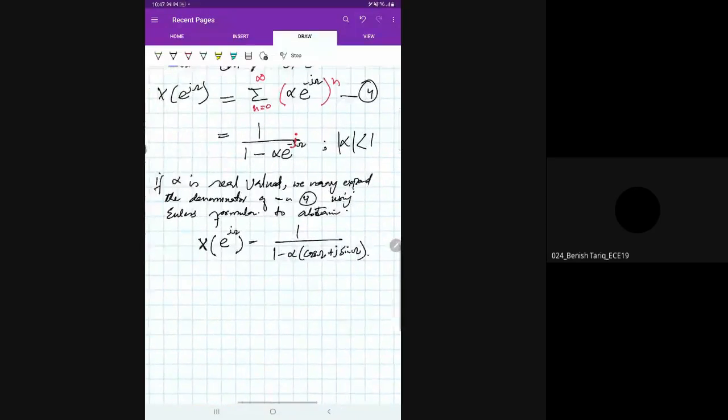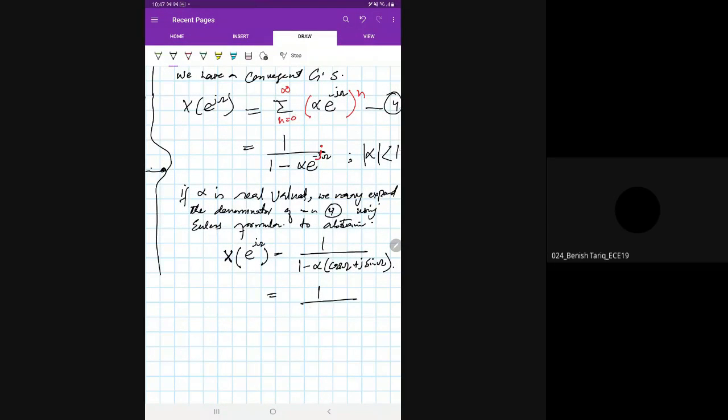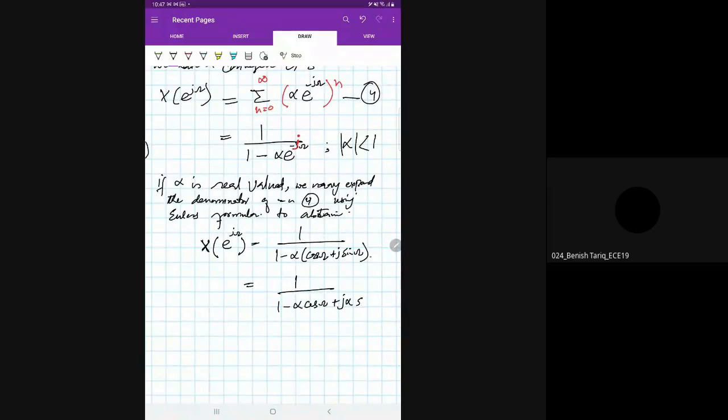So this will be further equal to 1 divided by 1 minus alpha cos of omega plus j alpha sin of omega.